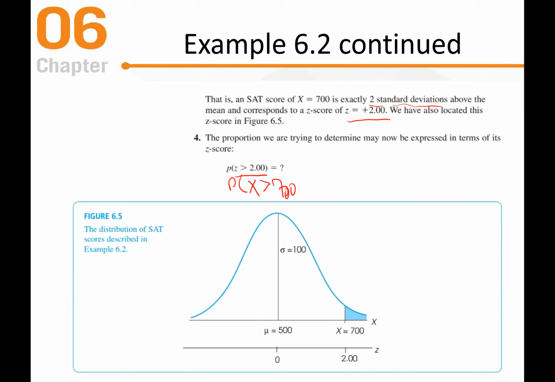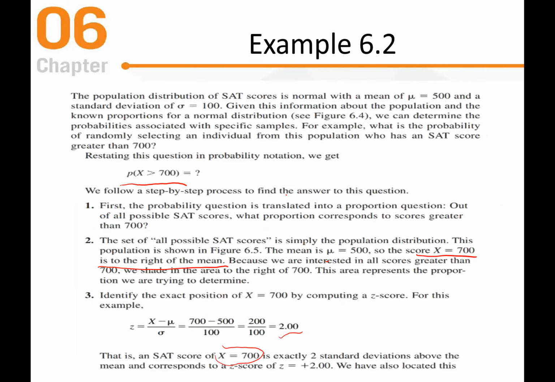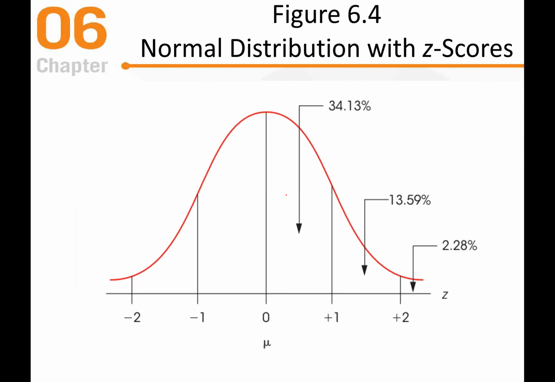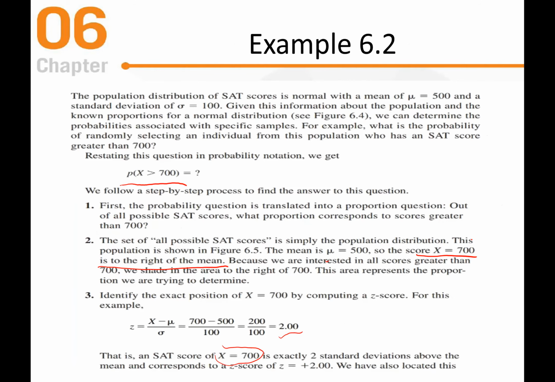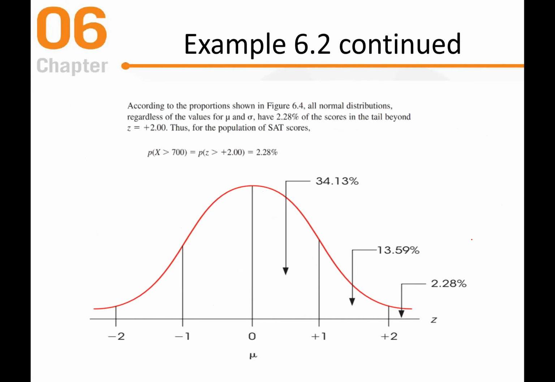Well, if we look at our normal distribution with the z-scores, we find that the proportion would be 2.28%. So these are all equivalent. It's 2.28%.